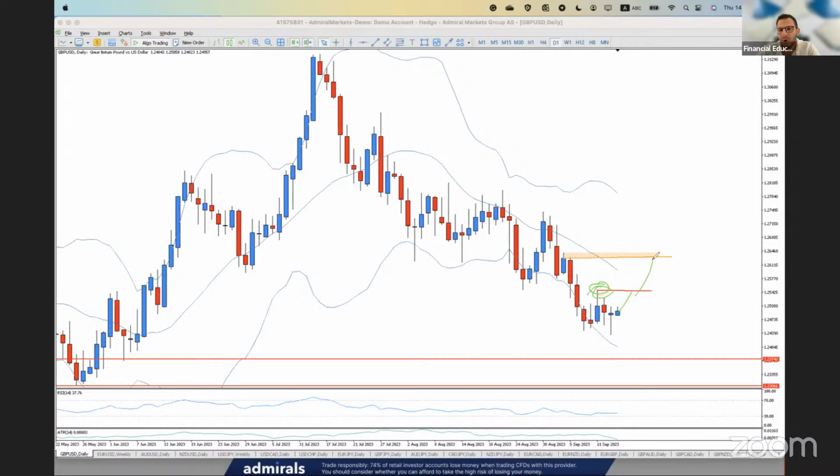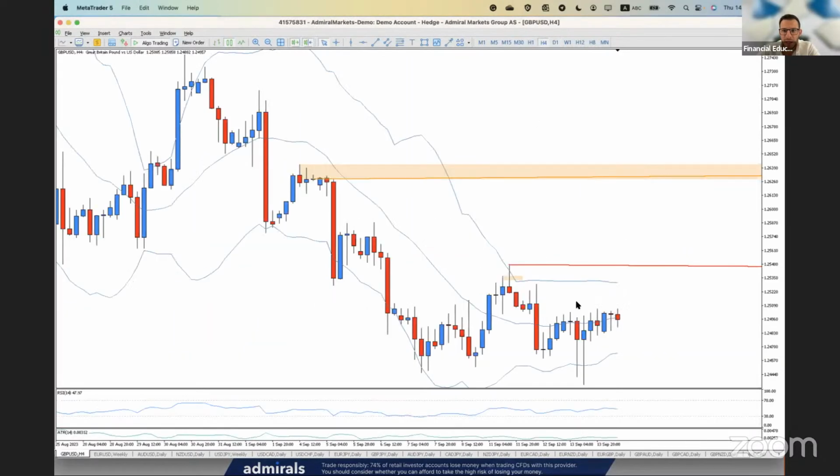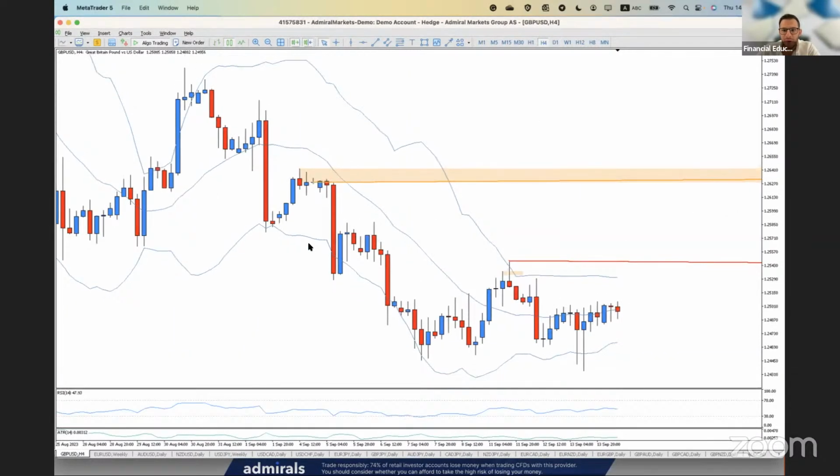Okay, maybe the price will push and come all the way to this region here. Yes, maybe, but the room of opportunity for a high probability setup is up to here. If it's going to break and close above this high here, then we're going to look for higher prices.